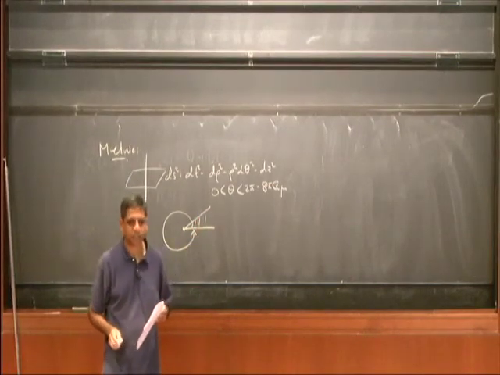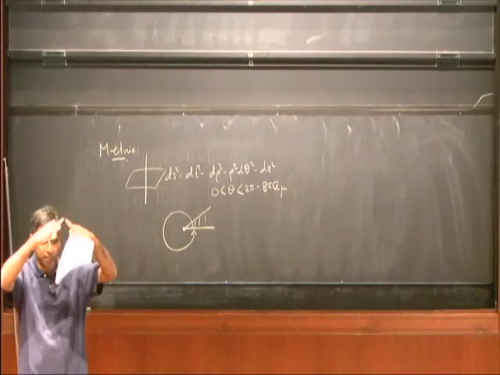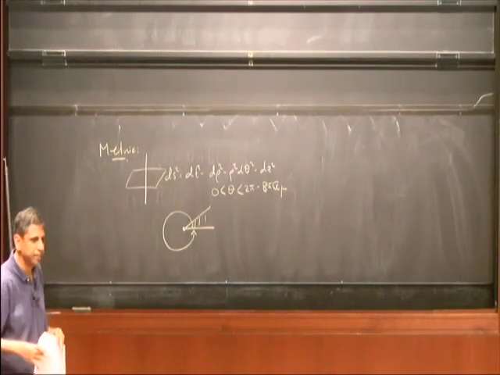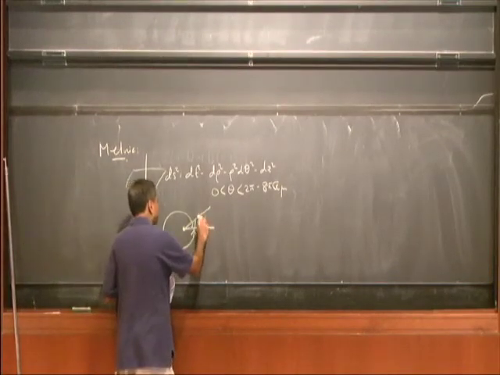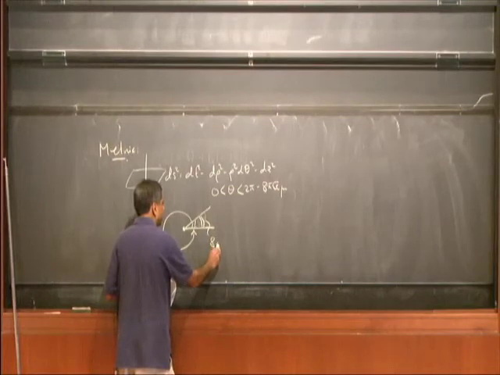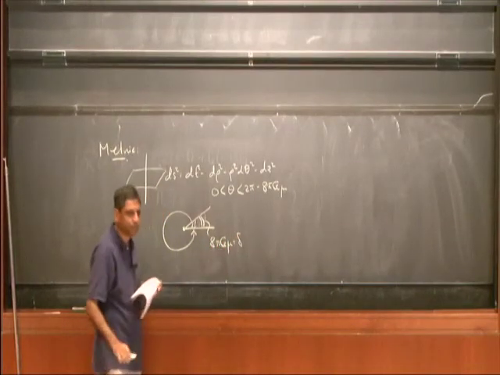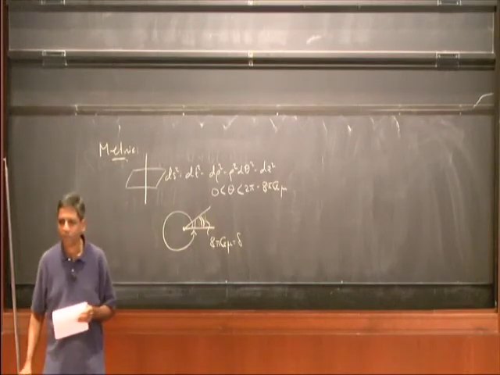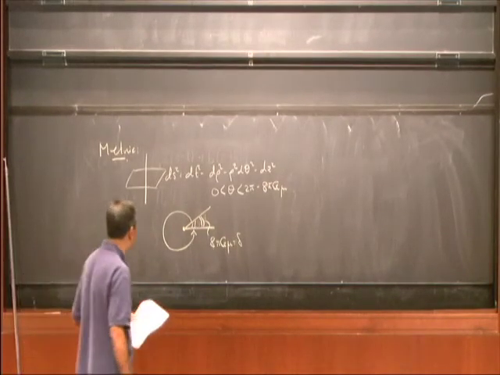Okay? This is called a conical metric, because if you identify those two, it becomes like a conical hat, and this opening angle is 8 pi G mu. It's sometimes called the deficit angle. Okay? But this metric has some very interesting properties.